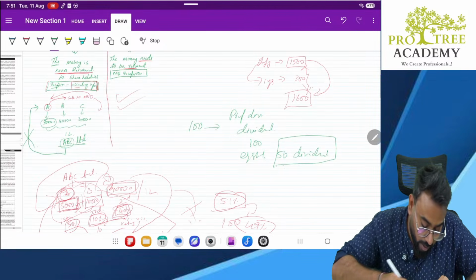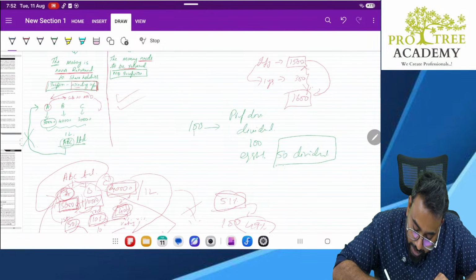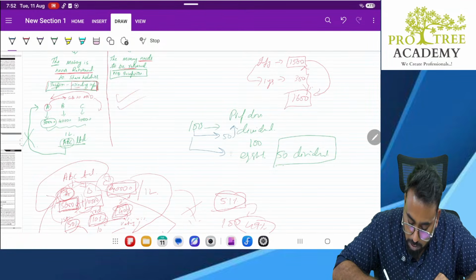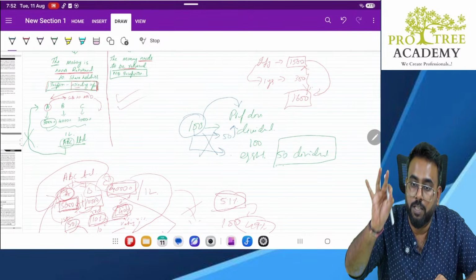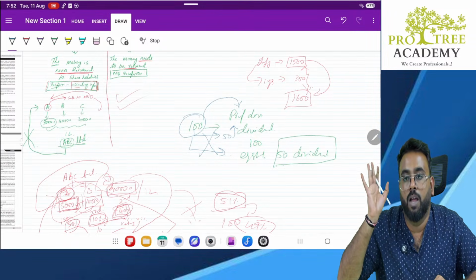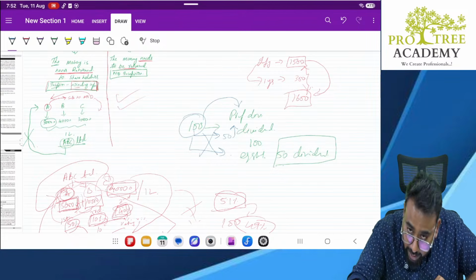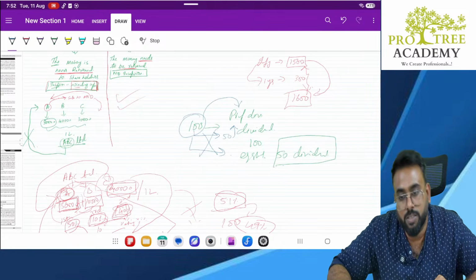You cannot say, out of this 100, I will pay 50 to preference shareholders and 50 to equity shareholders. Not allowed. Out of this 100, first you have to pay the dividend of preference shareholders. After that, if anything is remaining, then you can pay equity shareholders.